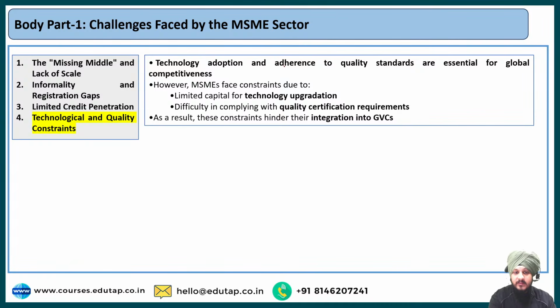The economic survey says that technology adoption and adherence to quality standards are essential for global competitiveness. However, many MSMEs face constraints with respect to technological upgradation due to limited capital and also difficulty in complying with quality certification requirements. And because of this, what happens? It hinders their integration in the global value chains, right? Global supply chains as a part of it. So I hope this is clear to you. Now moving on to the next one.